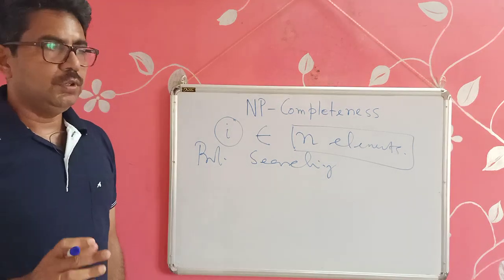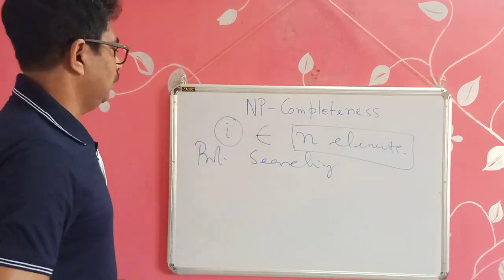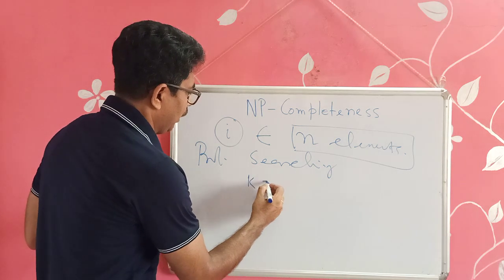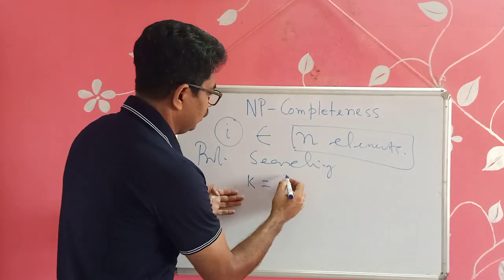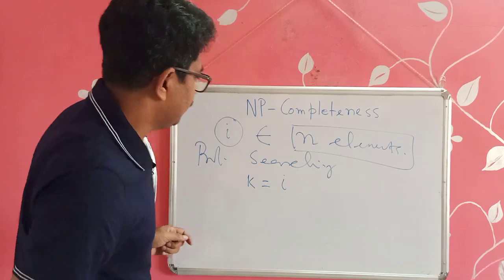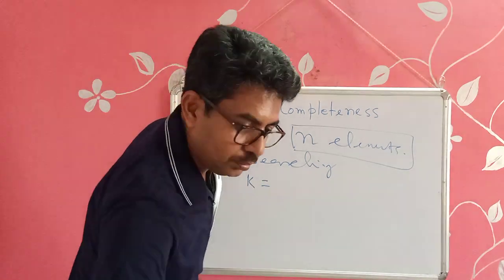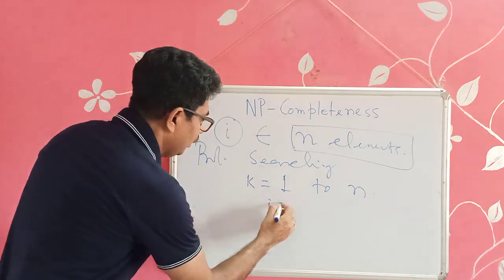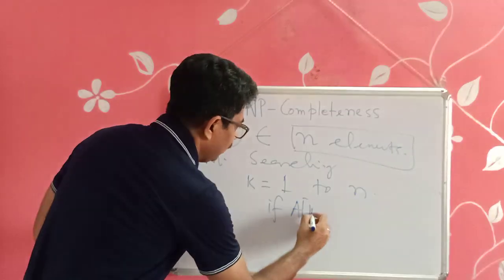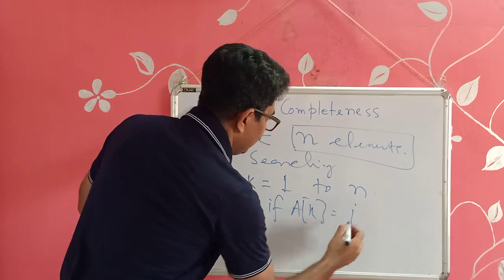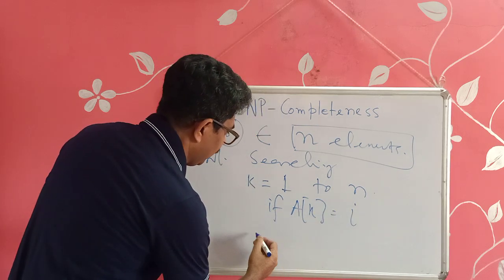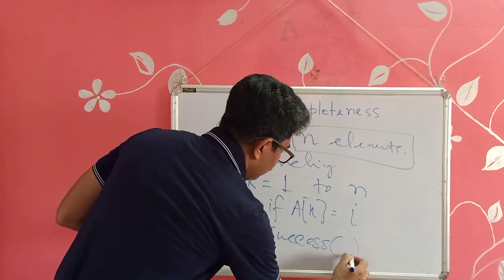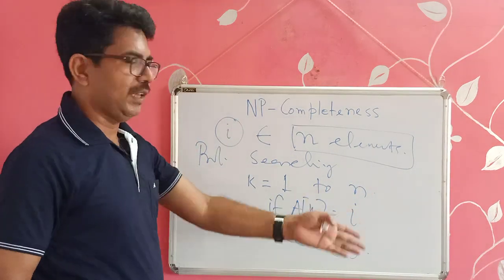We know it can be solved by considering an index k, where k equals 1 to n. If a_k equals I, then we can say yes, success, or print the value of a_k.